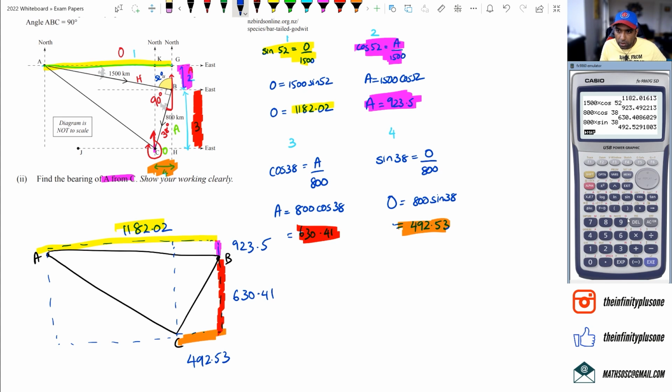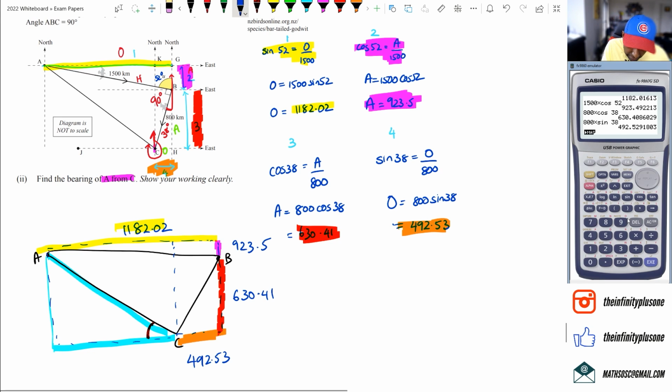Now you might be wondering, why did I do all of that? The reason is that I want to figure out what this angle here is, because then I can just add that to 270 to get my bearing of A from C. So what I'm trying to do is work with this blue triangle.